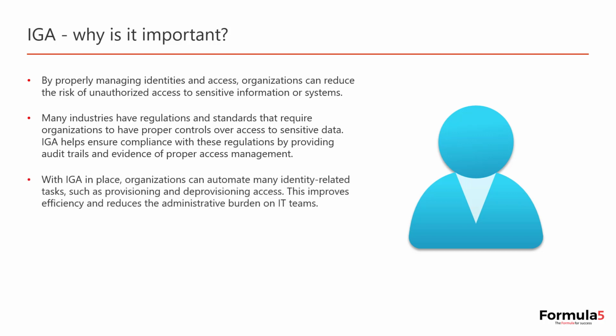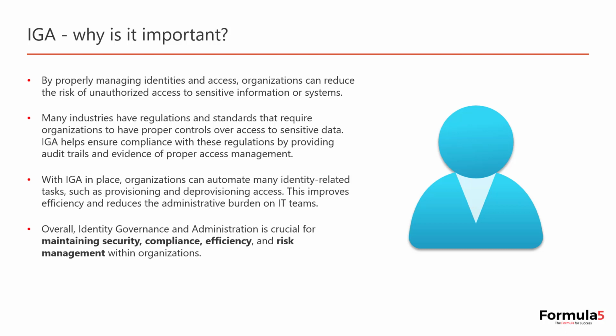With IGA in place, organizations can automate many identity-related tasks, such as provisioning and deprovisioning access. This improves efficiency and reduces the administrative burden on IT teams. Overall, identity governance and administration is crucial for maintaining security, compliance, efficiency, and risk management within organizations.